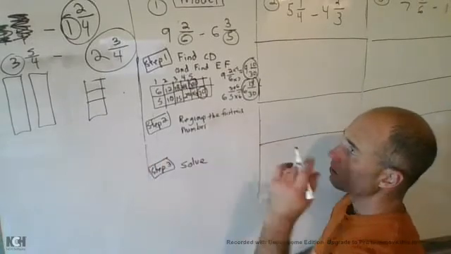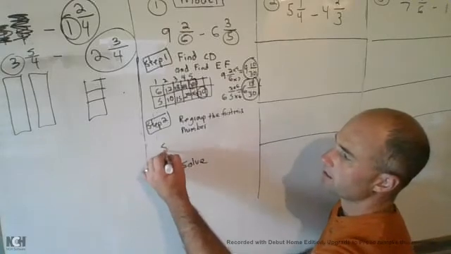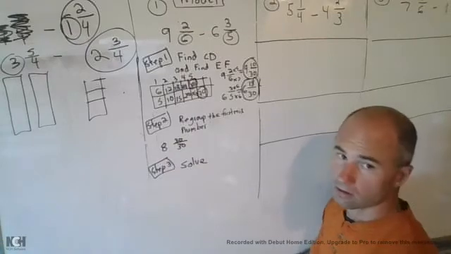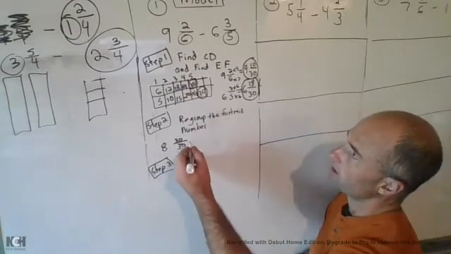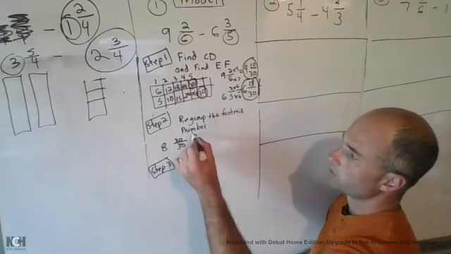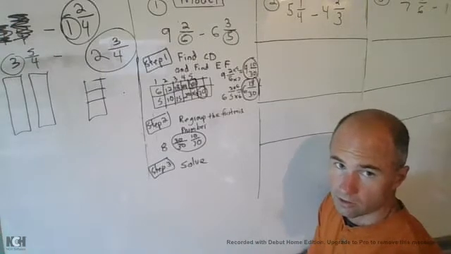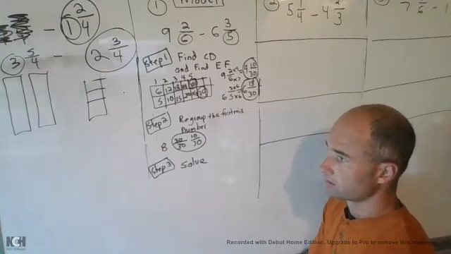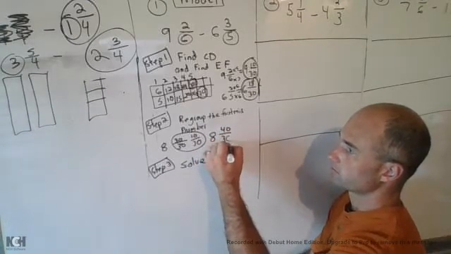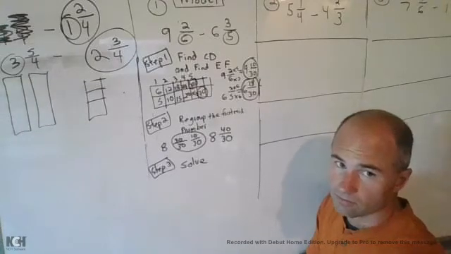Or hopefully, after yesterday's practice, you've recognized that 9 is going to become an 8, because you're going to have one whole that's 30 over 30, and then you're also going to have the original 10/30ths. Combine those two together and that gives you 40/30ths. So you'll actually have 8 and 40/30ths.